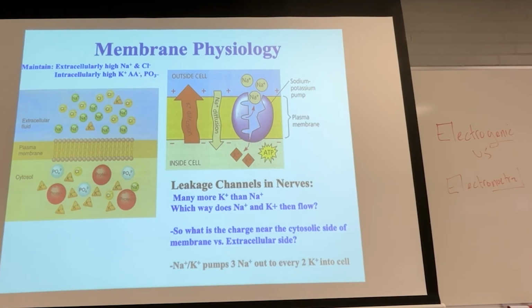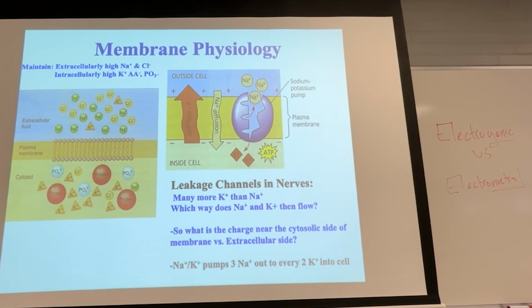These pumps are essential in cell physiology, but they're also essential in osmolarity, which we'll discuss in a little while. So it's these leakage channels that really run the positive and negative, and it's the pumps that help maintain these concentration differences so that the leakage channels can work, right?